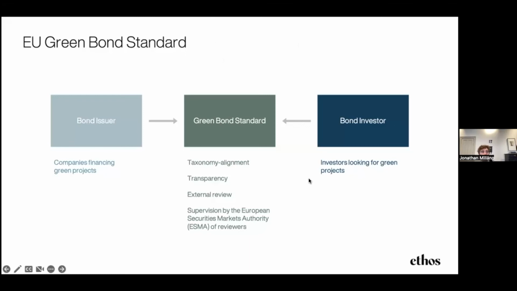So in order to issue a green bond, you first need to look into what type of activity it is that we're going to finance. You need to provide a transparency of your framework, meaning publish a green bond standard framework, and you also need to have it confirmed by the ESMA or other reviewers.